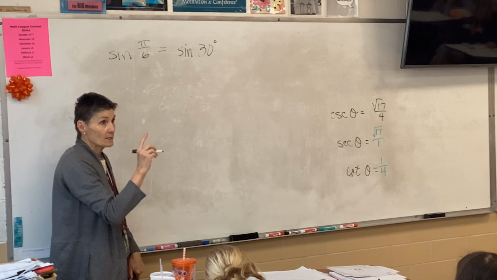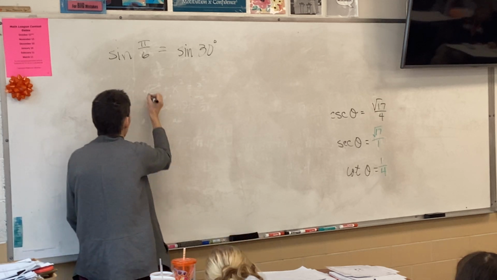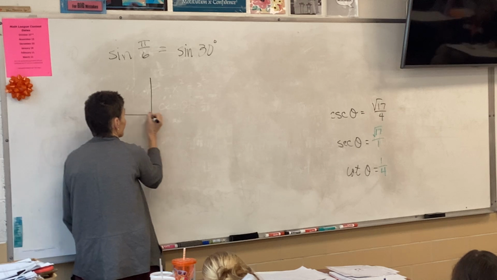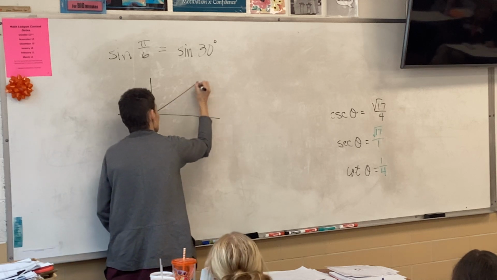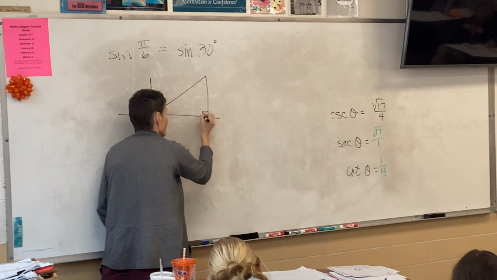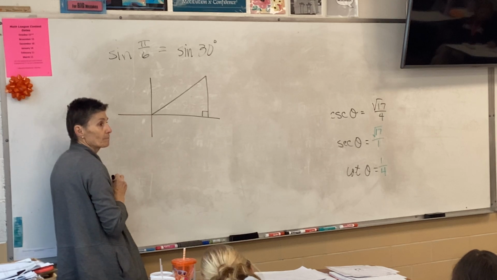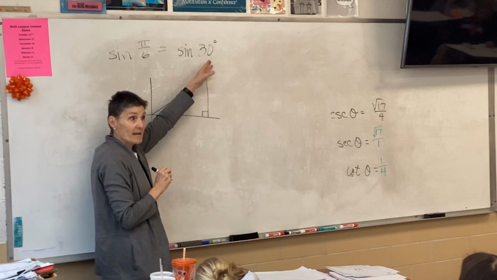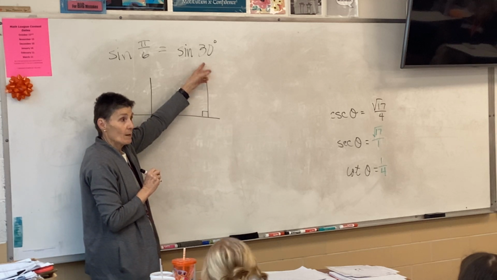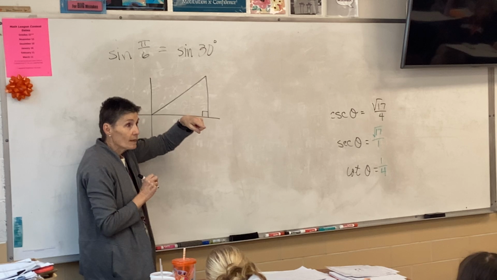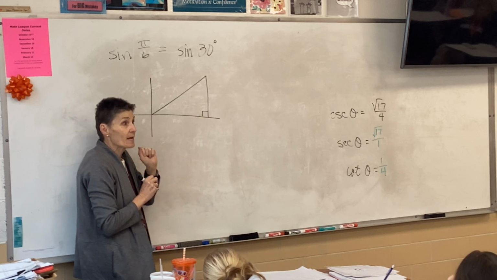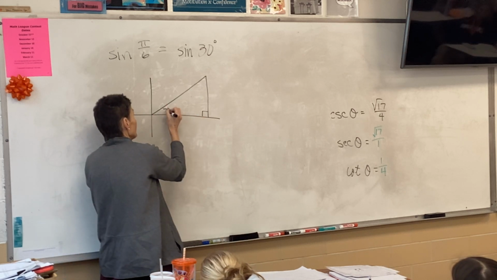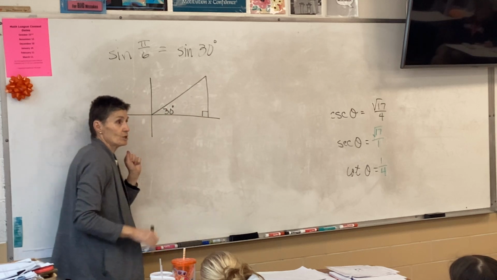So, first thing you do is draw a picture exactly like you did for the last few problems. And remember in the last few problems, it was sine theta. And where did we put theta? At the origin. This time it's sine 30. Guess where we're putting 30? Right here at the origin.